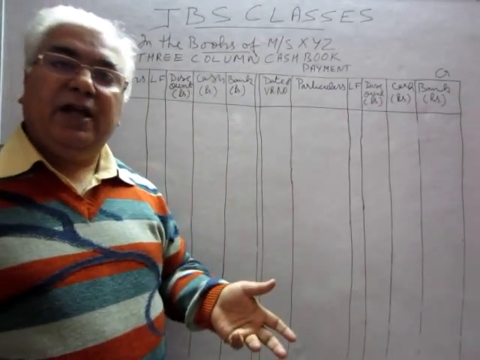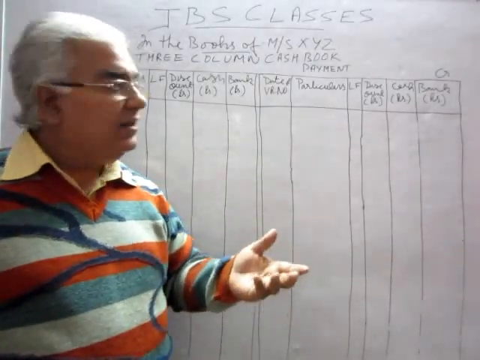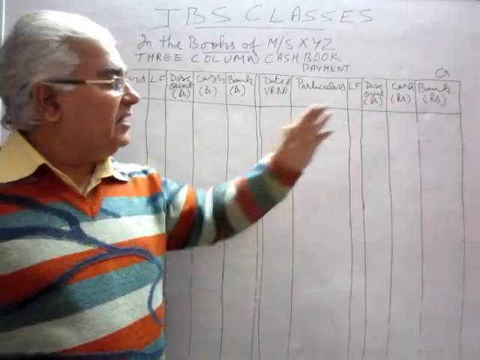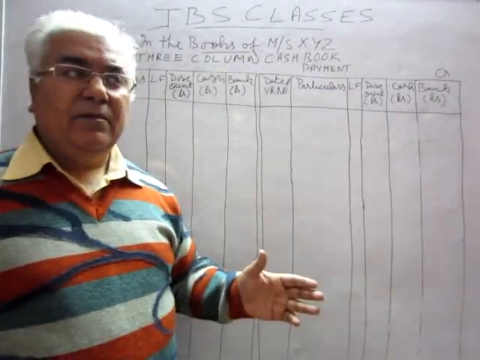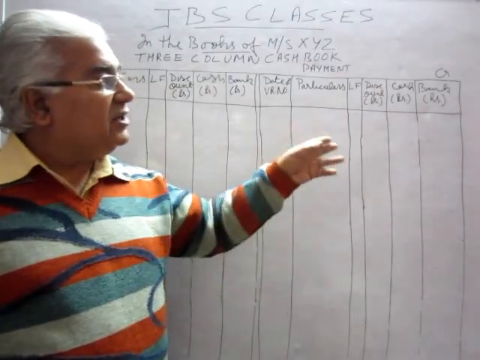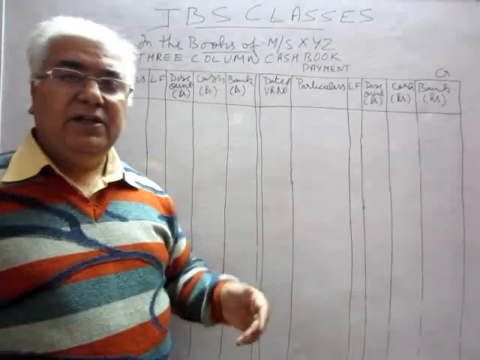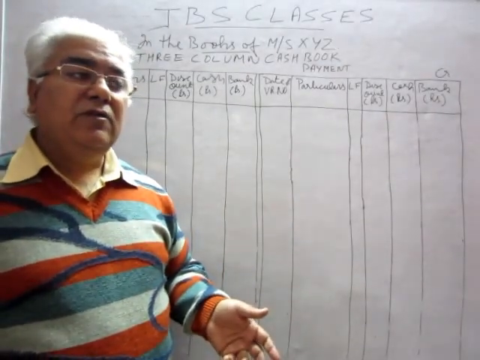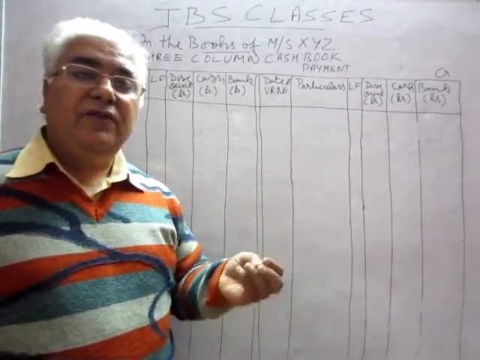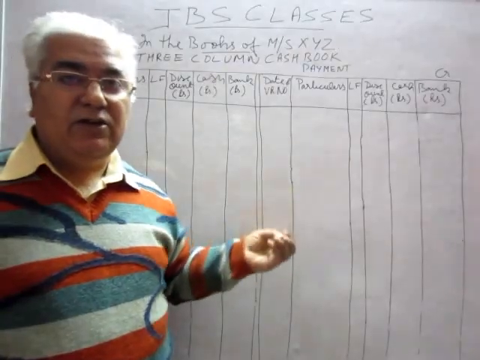And in the two column cash book, some authors say cash and bank account are there, and some authors say cash and discount columns are there. But I will go by the idea that in the two column cash book, cash account and bank account are there. The reason is very simple: in so many transactions, only very few involve discount.